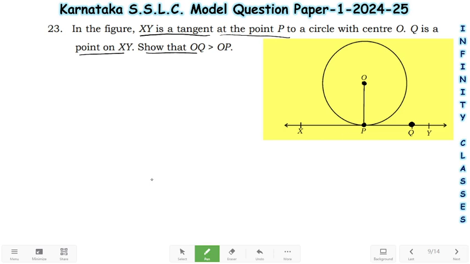Yes, so it's a very easy problem. First we are going to let XY be the tangent to the circle at the point P. Write the solution.